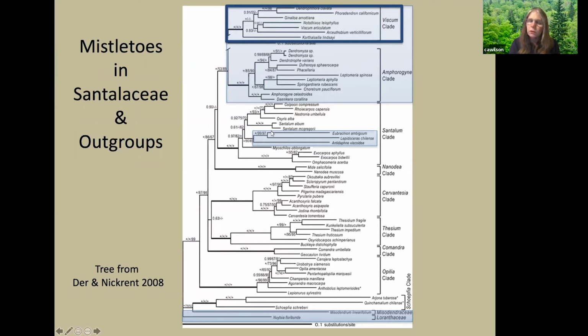Then you have the Santalaceae, and only some of them are mistletoes, so those are in blue. The rest of the Santalaceae here are not mistletoes. Coming down to the outgroups in their study, the Misodendraceae and the Loranthaceae, they are mistletoes. So what you see is that the mistletoe habit of plants growing on the branches of hosts, usually trees, has evolved multiple times.